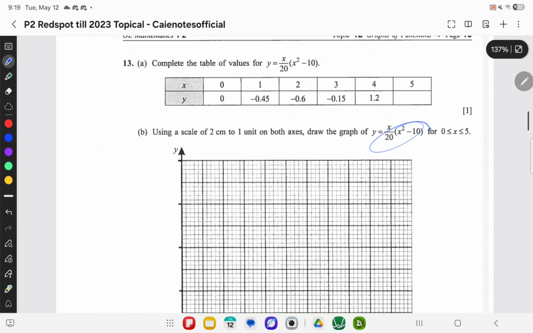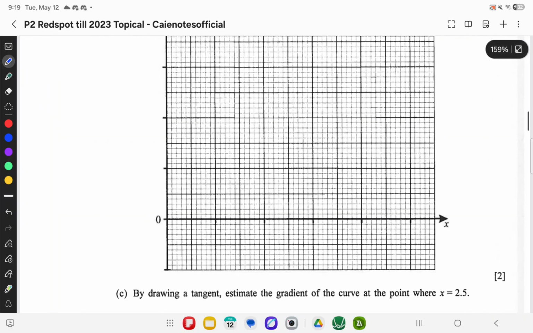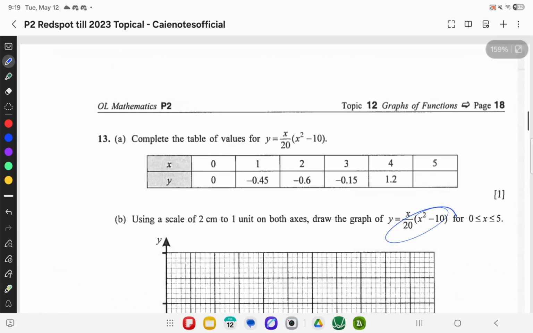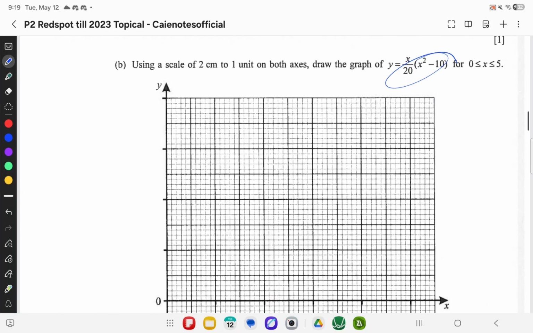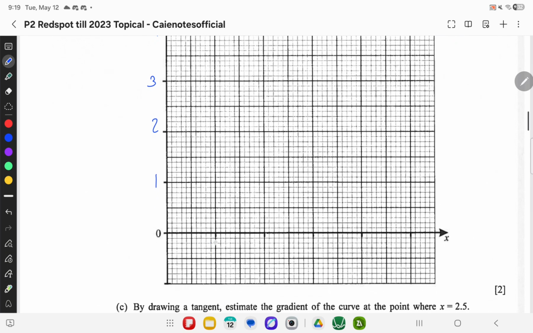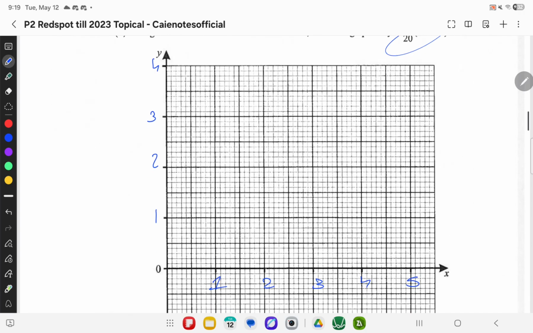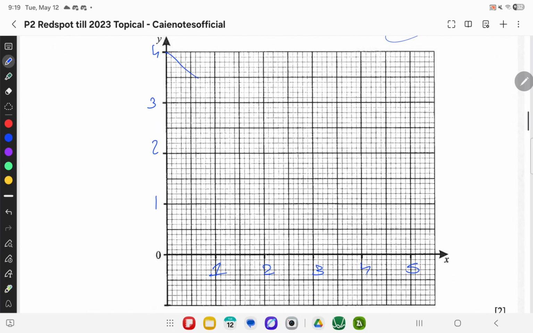Okay, so we draw y equals negative x plus 4. They do not draw this. Why were they so lazy? So negative x plus 4.